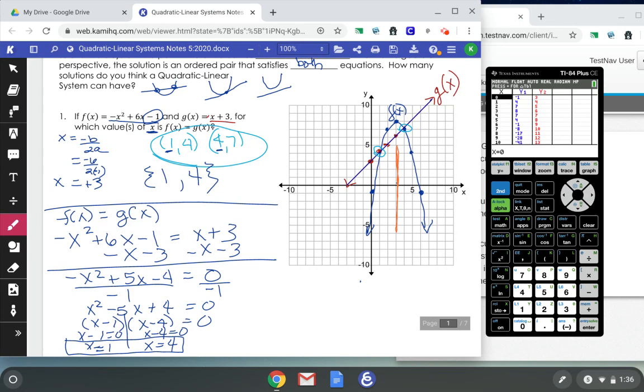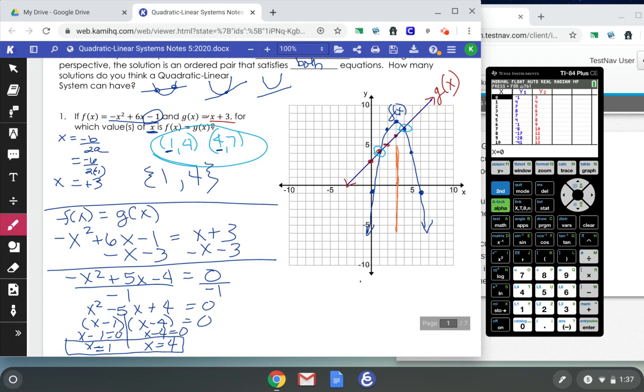Now, this is just asking for the x value, but if it asked for the two points, you then have to take what you had found for x and plug it into one of the equations and solve for y. So in this case, I would use g of x. It's an easier equation to use to solve for y.